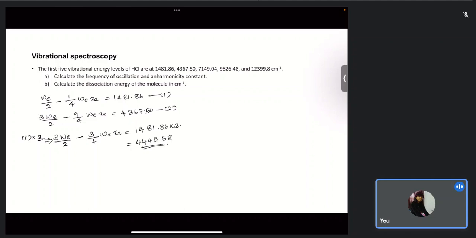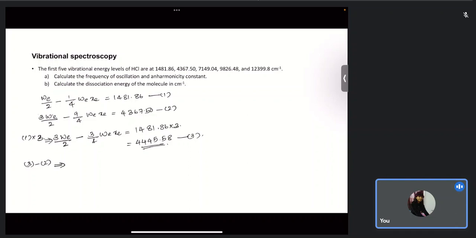Okay, so this is going to be equation 3. Now we can subtract equation 3 minus 2. So this will make it 3 omega E by 2 minus 3 omega E by 2. That will go to 0.